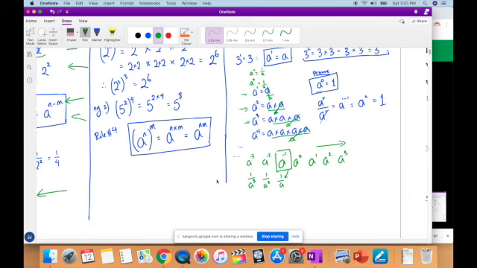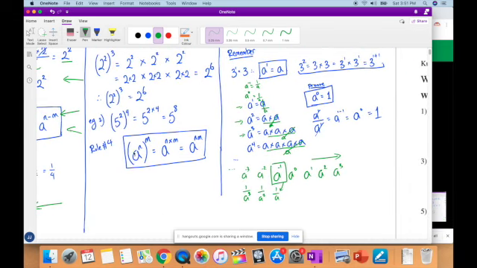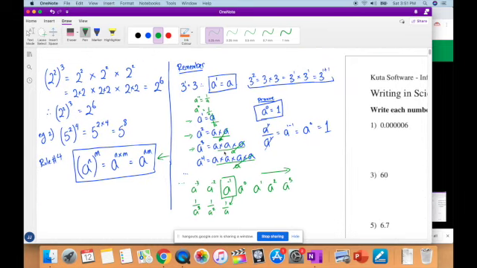And rule number 4 is if we have a number to a power and all of that is put to another power, you actually multiply the powers. And then here we remembered two things: that anything to the power of 1 is itself, and anything to the power of 0 is 1.